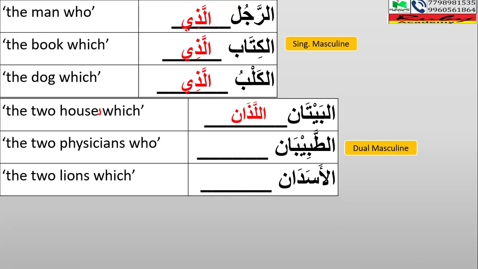Again, at-tabibani, two doctors or two physicians, allazani. Then for the lion, the two lions which? Yes, it is the same, because we are not changing the rule for anyone. We are just changing the rule for non-human plurals.